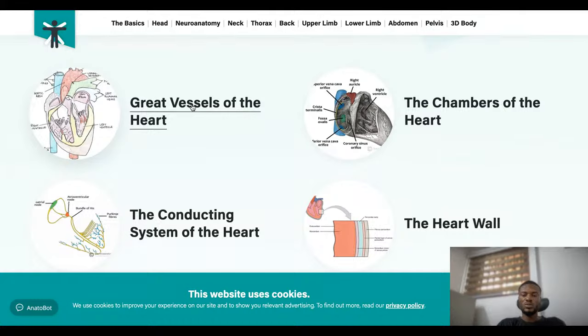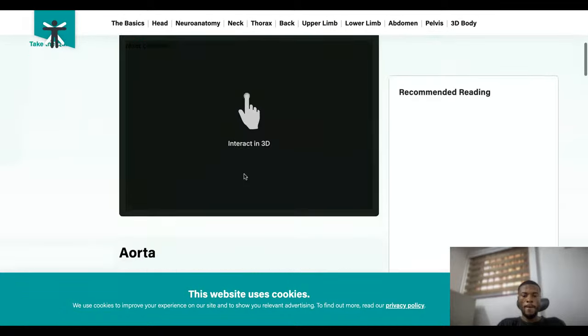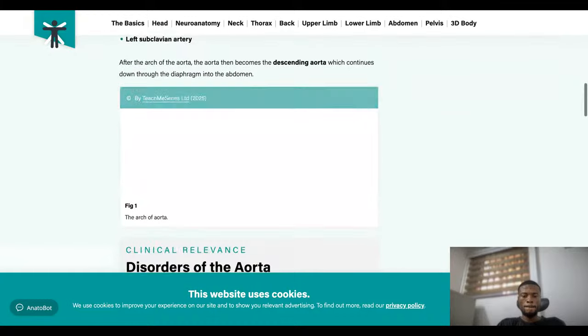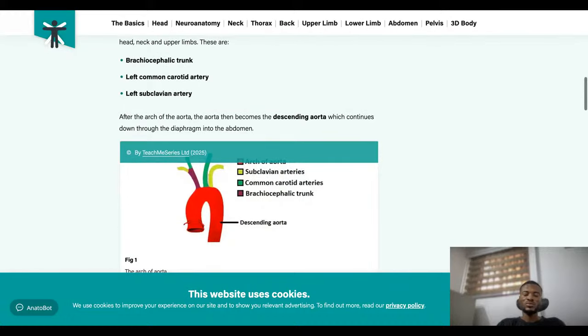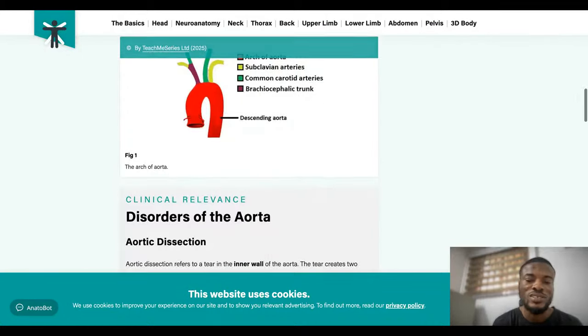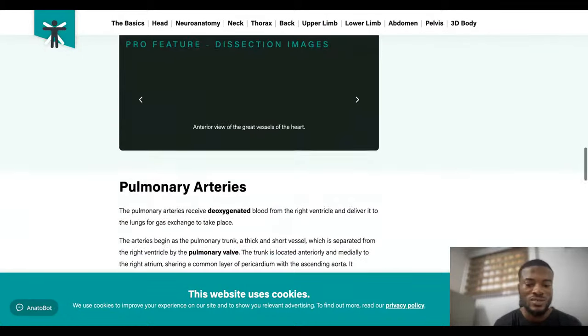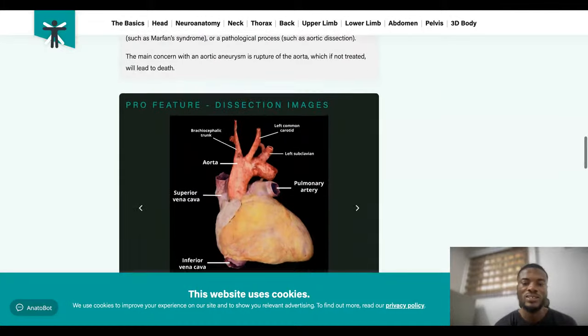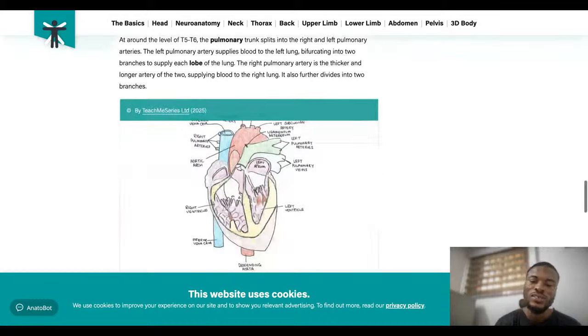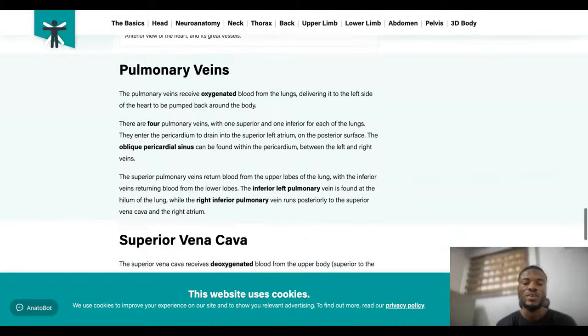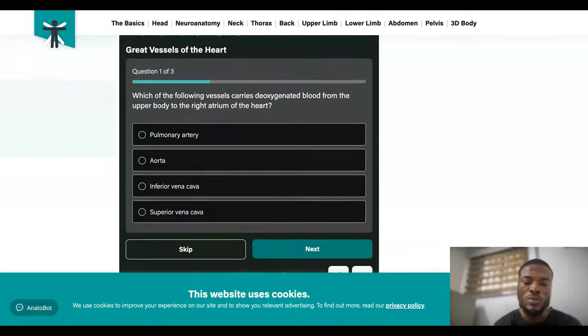The great vessels of the heart: we have the aorta, the ascending aorta, which branches into three different vessels. We have the pulmonary trunk, which bifurcates into the two pulmonary arteries. We have the superior vena cava, the inferior vena cava, the pulmonary veins.